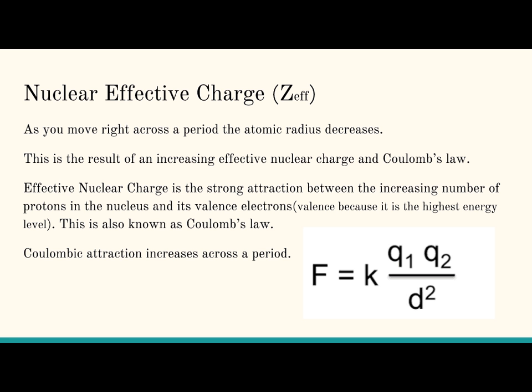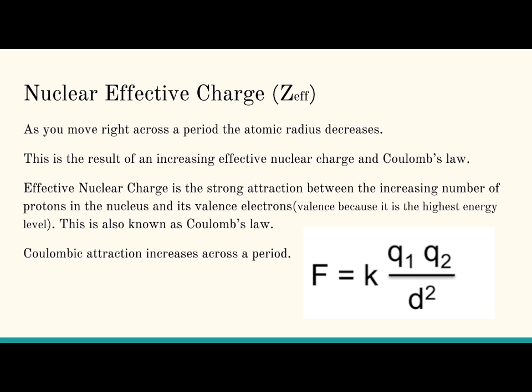However, as you go across that same period, that whole entire period still only has 1, 2, 3 energy levels. So if I have 3 energy levels, the radius should remain the same because the energy levels represent electron clouds.